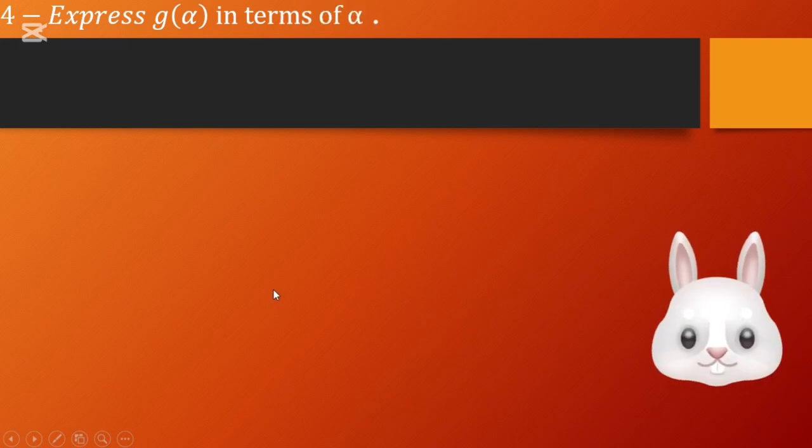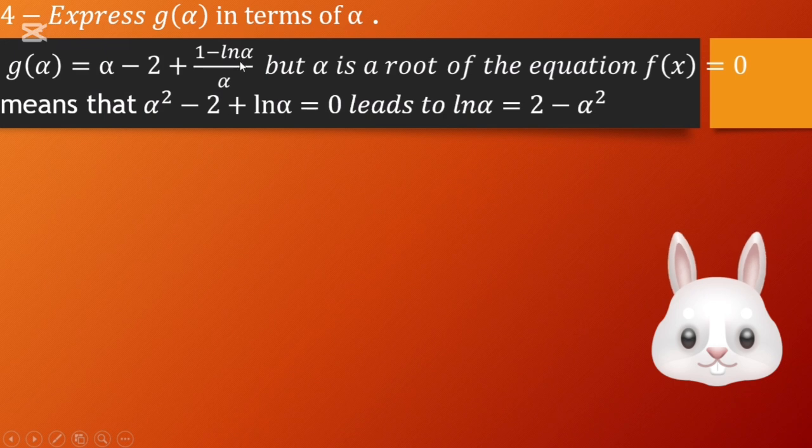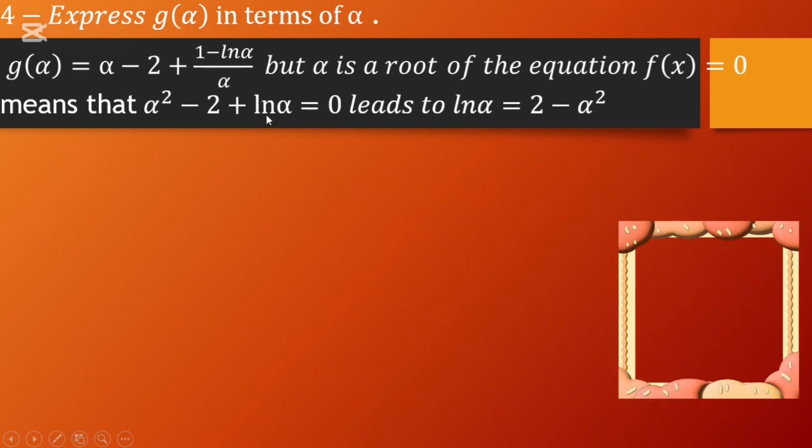Express g of alpha in terms of alpha. G of alpha equals alpha minus 2 plus (1 minus ln alpha) over alpha. So we have to get rid of ln alpha. How to get rid of ln alpha? Alpha is a root, so we go back to alpha. Alpha is a root of the equation x squared minus 2 plus ln x equals 0, so ln alpha equals 2 minus alpha squared. We substitute ln alpha and we get g of alpha in terms of alpha.